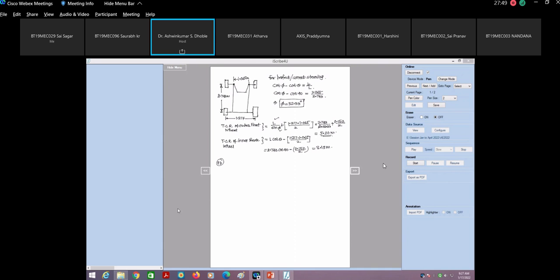ओके, नाउ बिफोर दैट आई विल गिव यू वन प्रॉब्लम फॉर यू टू सॉल्व. राइट डाउन अ प्रॉब्लम.